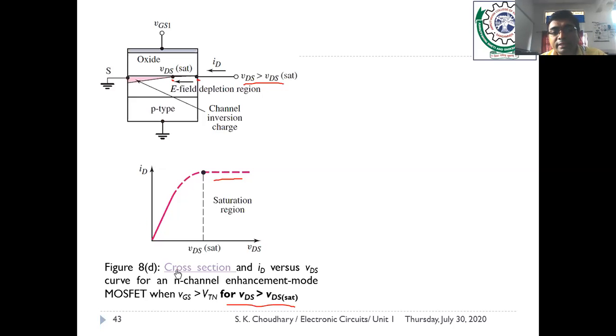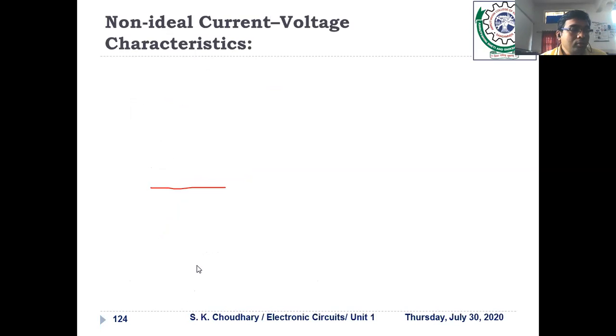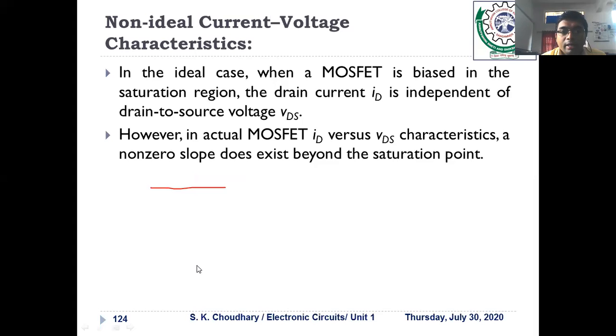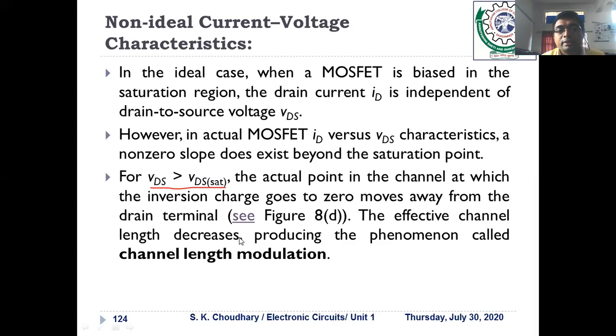So this process is the shifting of the pinch off point from the drain terminal to somewhere in the channel, midway between drain and source. It is called the channel length modulation effect, because the length of the channel decreases. Now see, the same idea is used here.